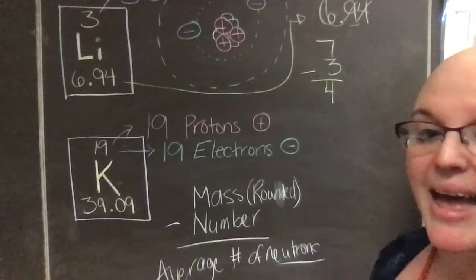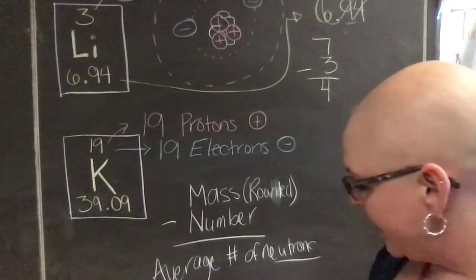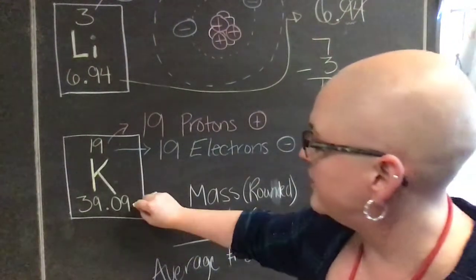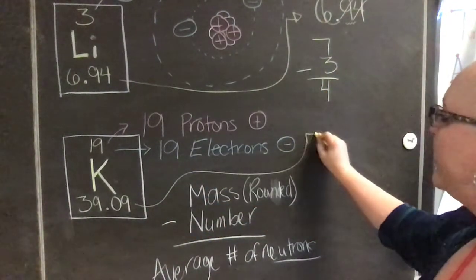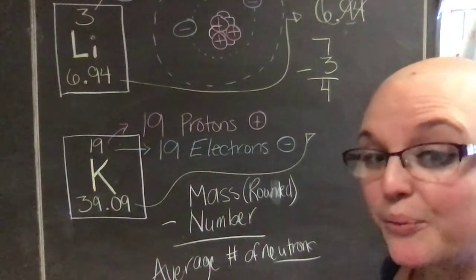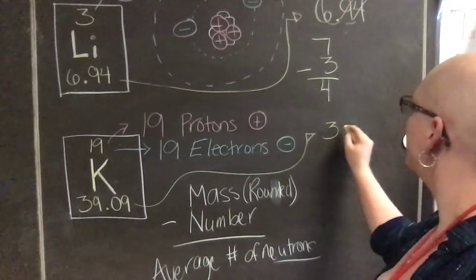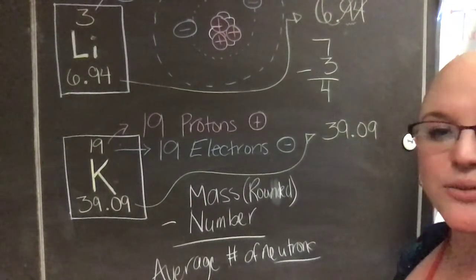Right? Average. Average being the key word here. So let's take that mass right there and follow me, if you will, right here. Okay? Our number is 39.09. That's our mass right now.